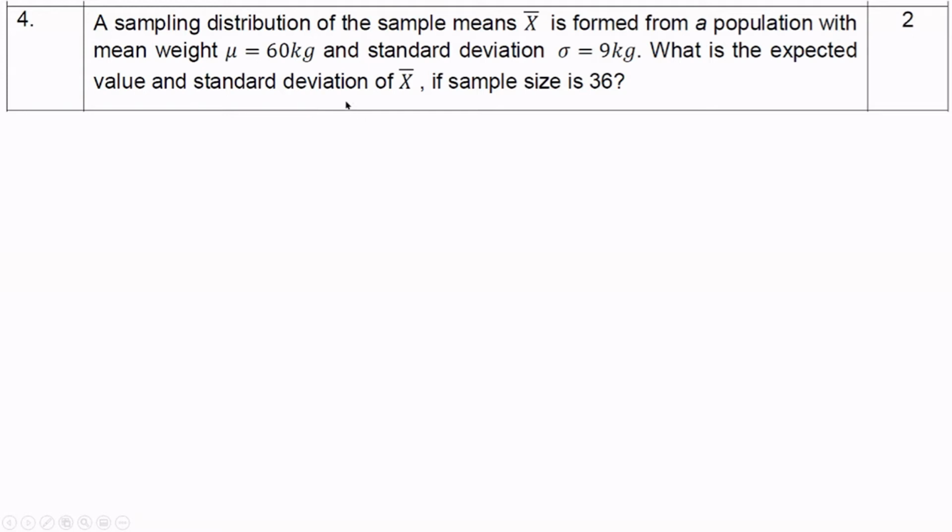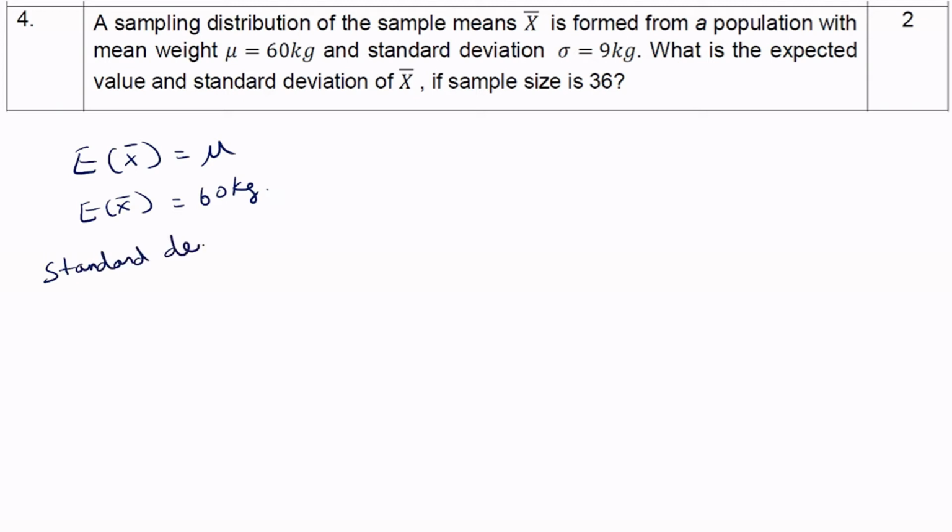In that we have this. So here the expected value of X bar, it is nothing but expectation of X bar. This is what we have to find. So this expectation of X bar is equal to mu. So the expected value of X bar is equal to 60 kg. And then we have to find the standard deviation of X bar. The standard deviation of X bar is nothing but the standard error of X bar.